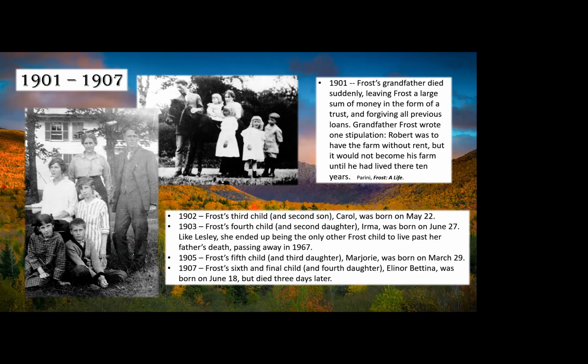In 1905, the fifth child, a daughter named Marjorie, was born, and we'll talk about her. And in 1907, Frost's sixth and final child, fourth daughter, Eleanor, was born on the 18th of June, but very sadly died 3 days later. And this, of course, understandably sent Frost into another bout of depression.